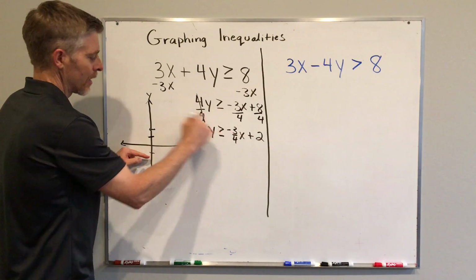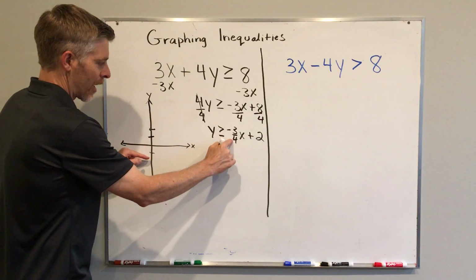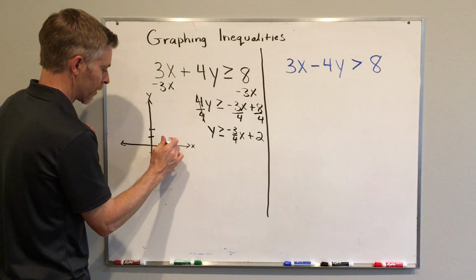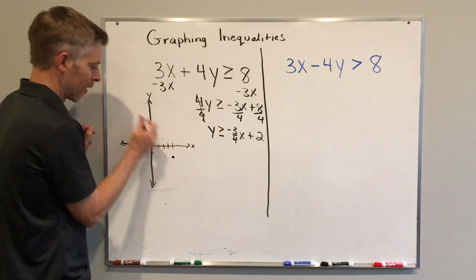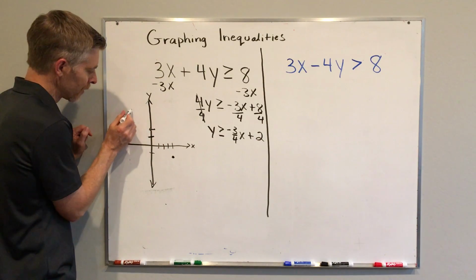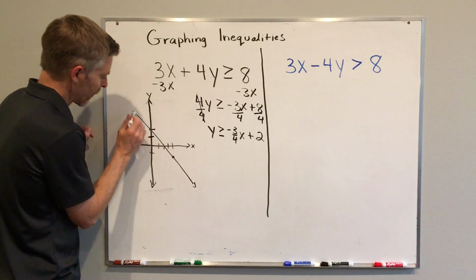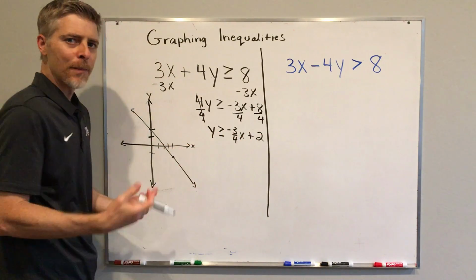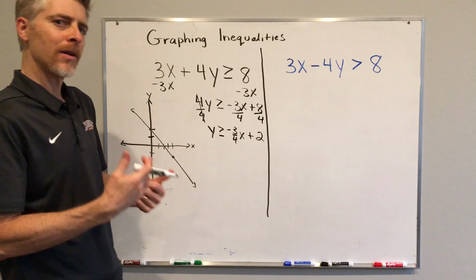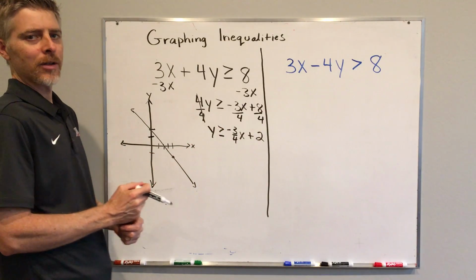So negative 3 is down 3, positive 4 is right 4. 1, 2, 3, 4. Here's another point. So if we connect these, we get this line, and every point on that line will make this equation true. But because there's this arrow, there's other points that will make the equation true.